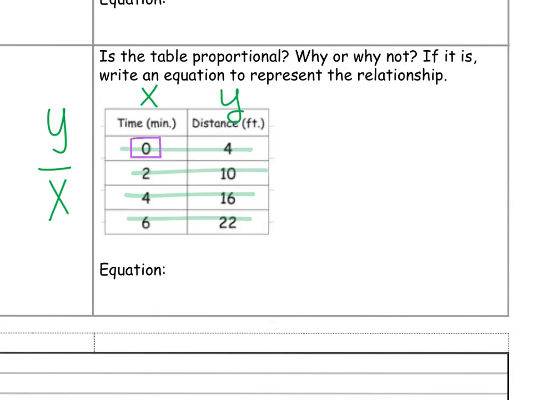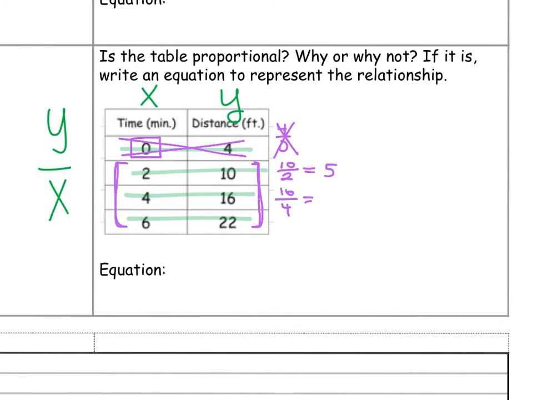Anytime there's a 0, I don't like to use that row because it sometimes will skew my data. Because we would have to do 4 divided by a 0 and can't divide by 0, so that's just not a nice number to work with. So we're only going to focus on these bottom 3 rows, and it's still going to give us accurate data, so it's okay. So the first is 10 divided by 2, which is 5.